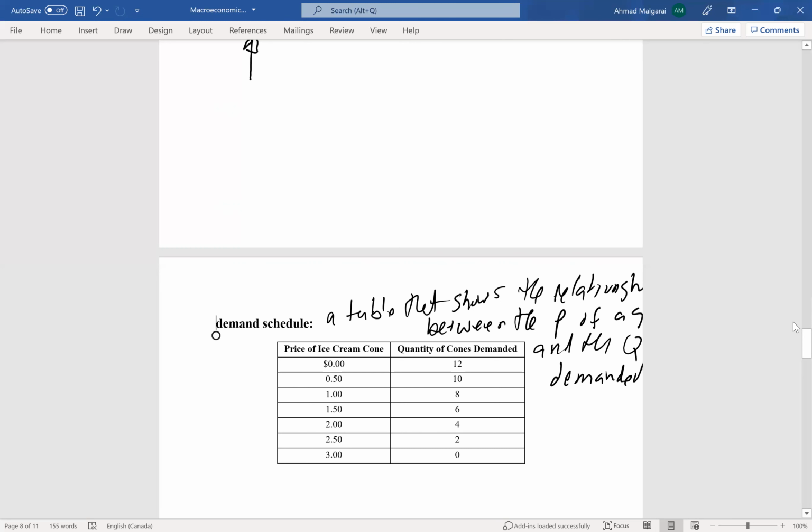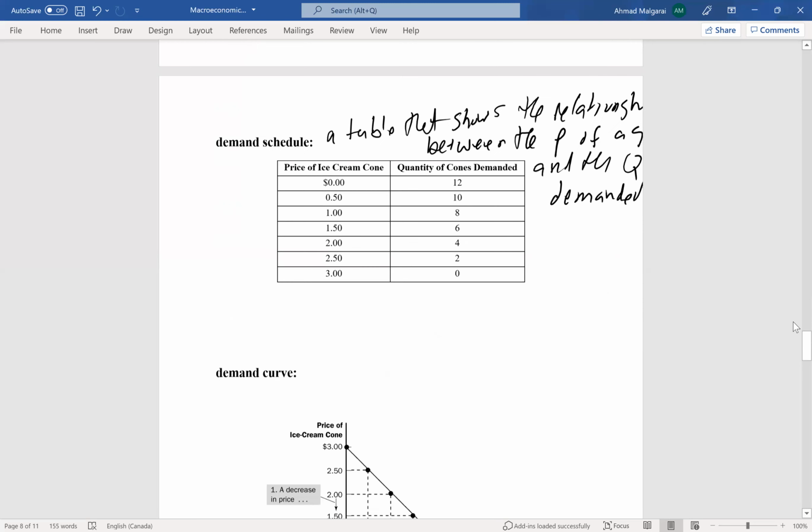You see the price, and that's the quantity demanded. So a demand schedule is simply a table which shows the relationship between the price of a good and the quantity demanded.